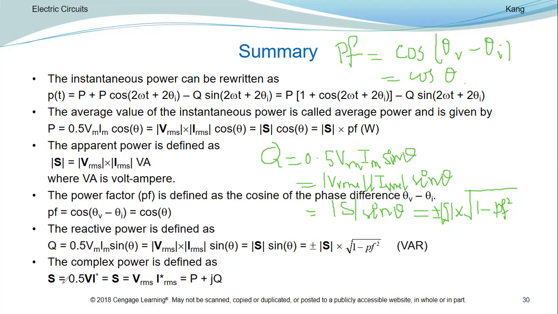Now complex power will be S equals 0.5 V into the value of current. Current, which is denoted as I star, is my complex current, which will also equal the real part P plus jQ.